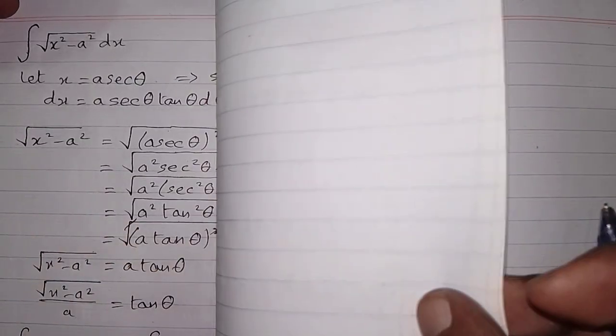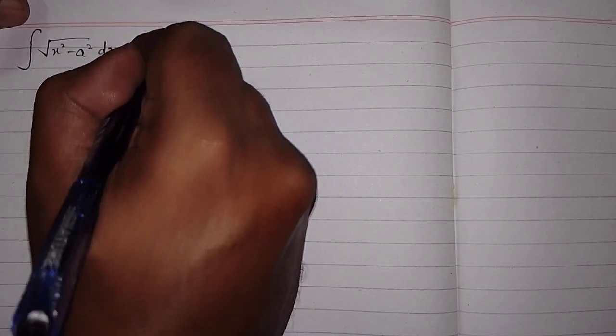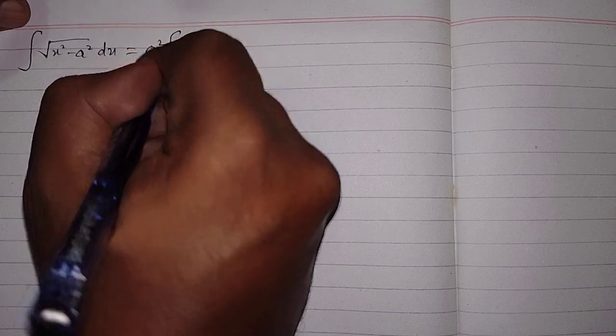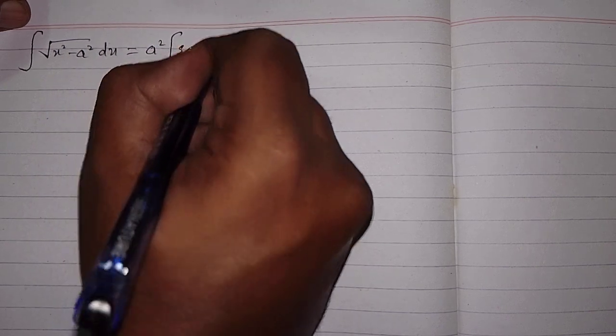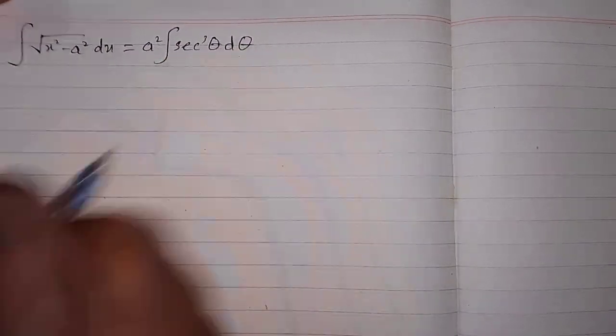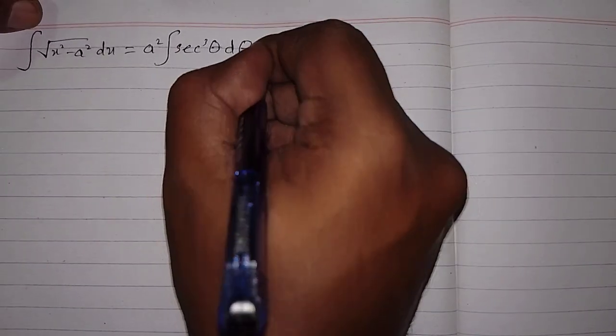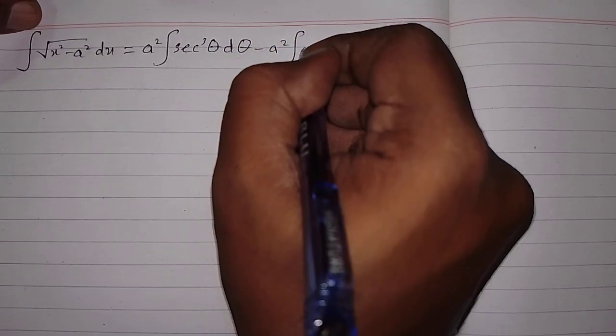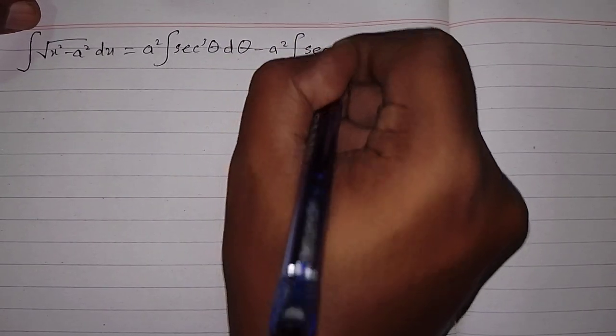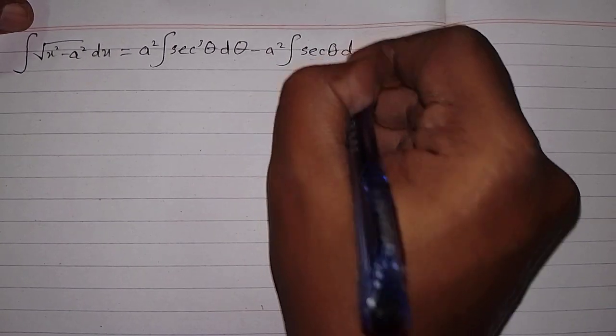Now integral of square root of x square minus a square dx is equal to a square integral of sec cube theta d theta minus a square integral of sec theta d theta.